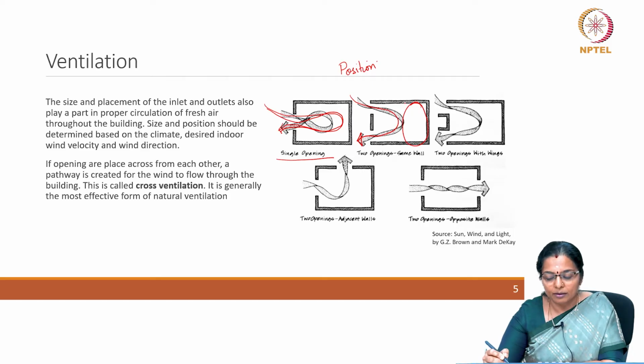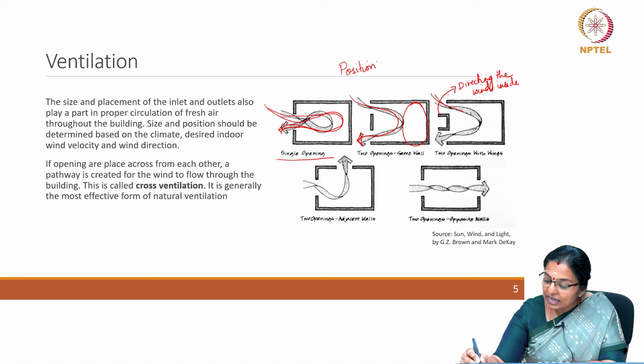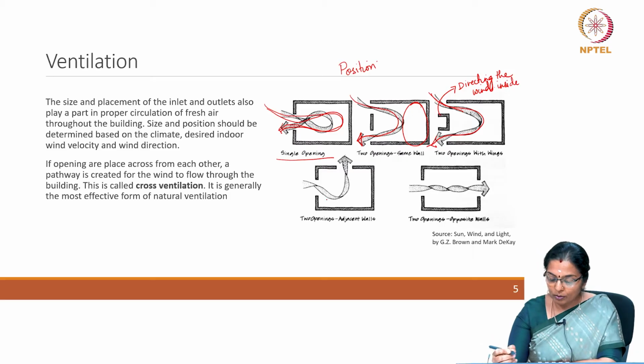non-ventilated space nearby. If you have openings with wings, these wings help in directing the wind inside. So, it helps facilitate and directs the wind inside and the wind goes out.